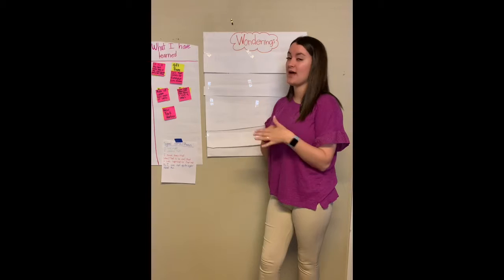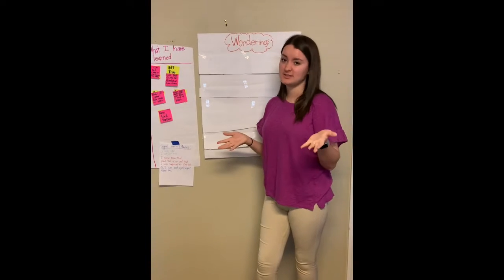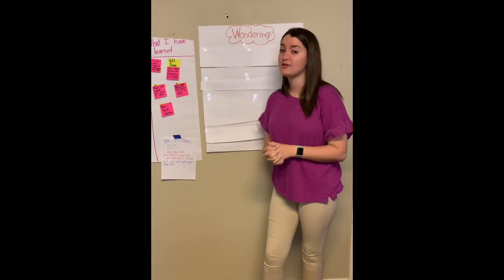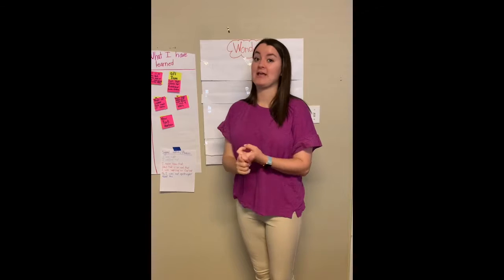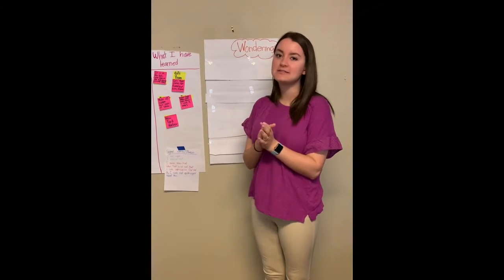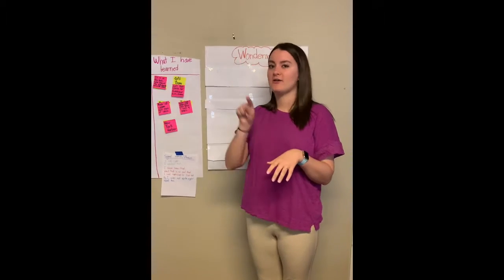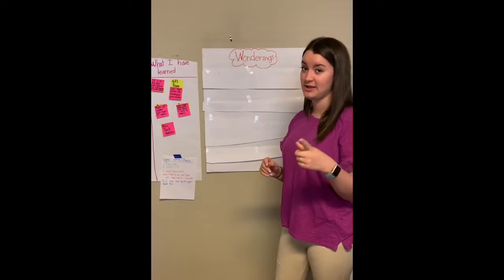I already have mine written out, just the questions, just to save us a little time. But now you're going to have to write yours out. And remember, at the beginning of every question comes a capital letter. And at the end of every question is a question mark. So be sure to include those.